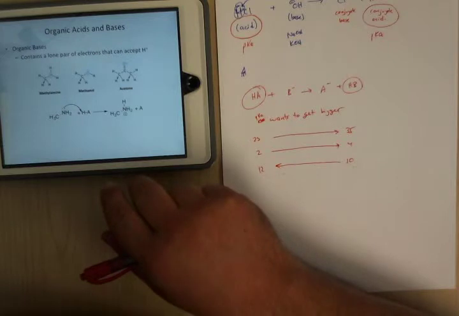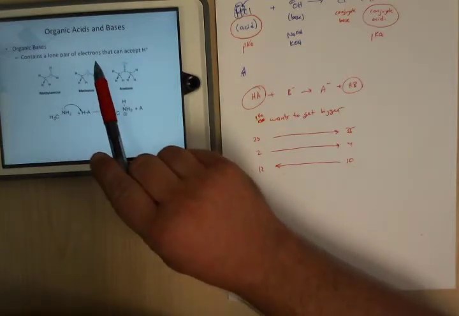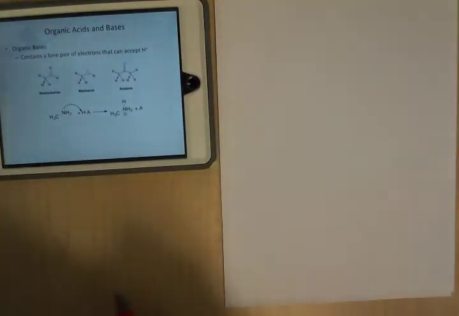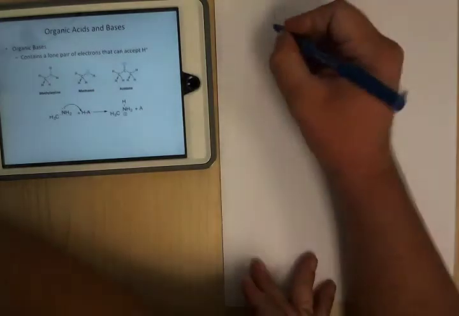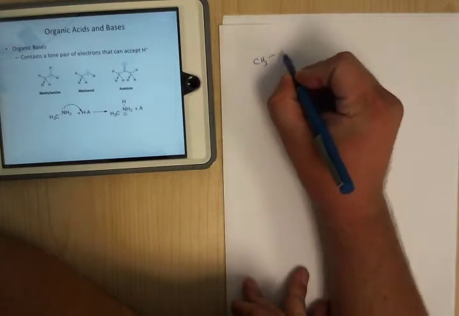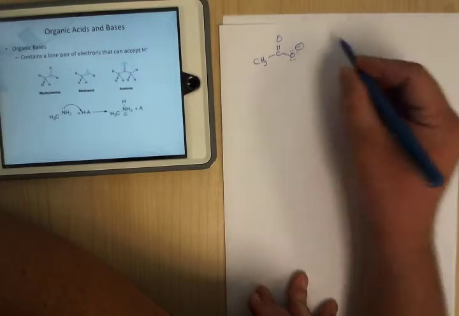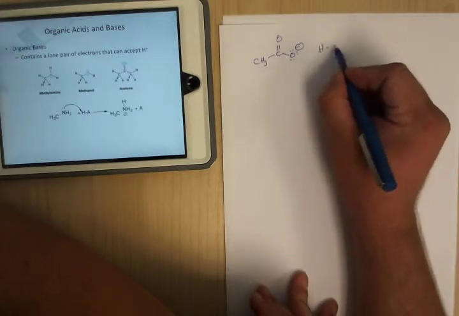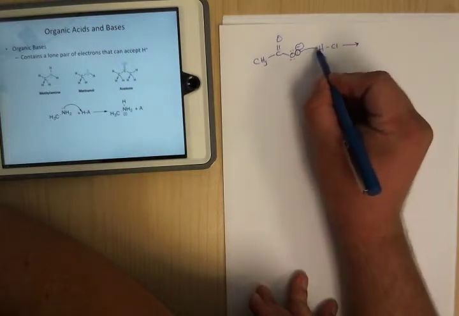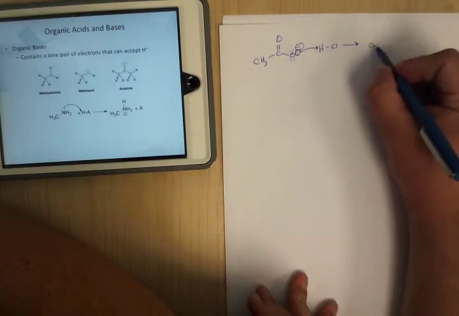Okay, so organic bases are going to have a lone pair of electrons, because they want to make that new bond. So if you think about a classic organic acid, like HCl, and a base with a negative charge here, you're going to take 2 of these electrons and attack the hydrogen to make a new bond.